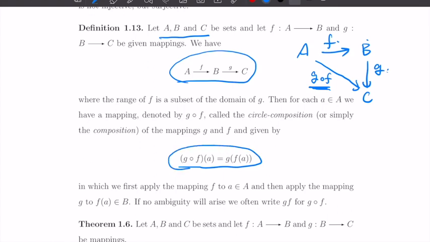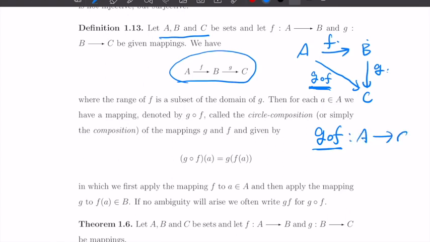Let's call this g after f. So this is a new mapping from A to C. This is called circle composition, or just composition of two mappings.